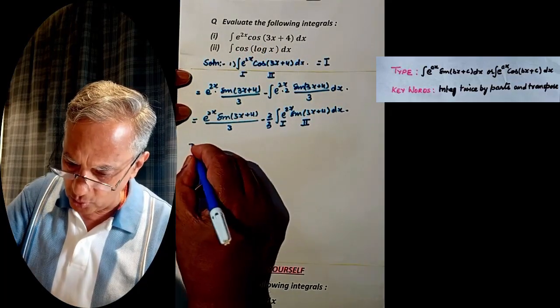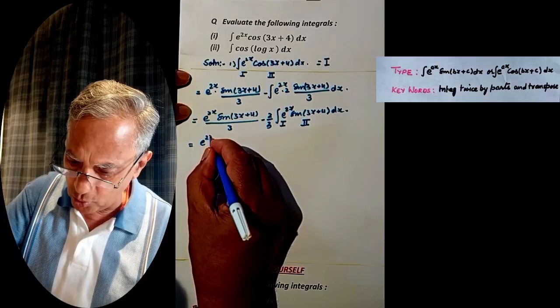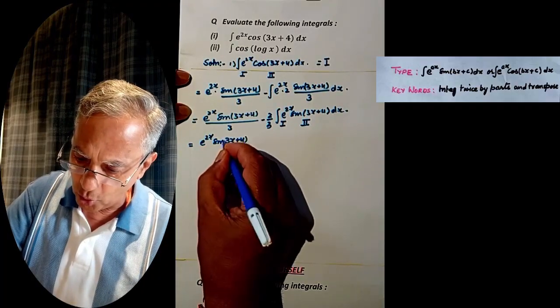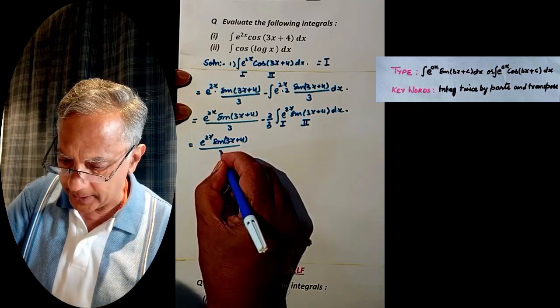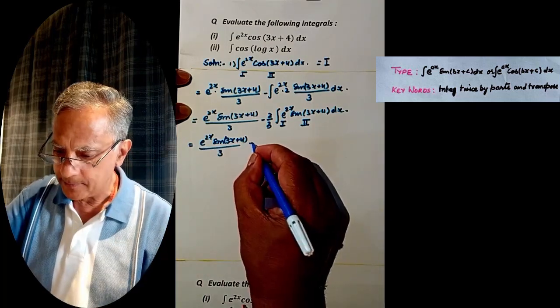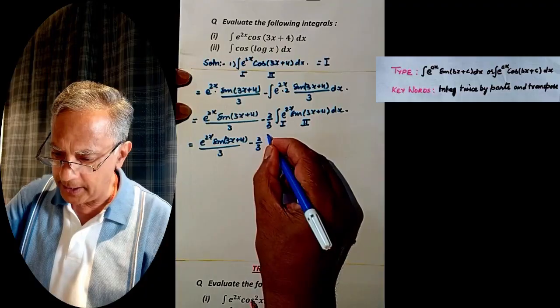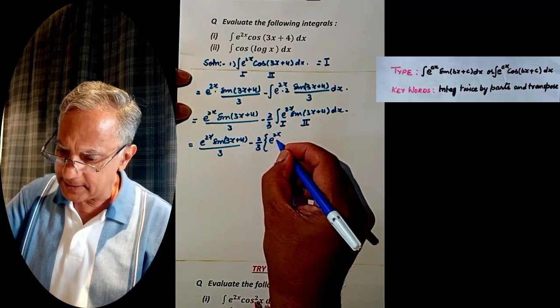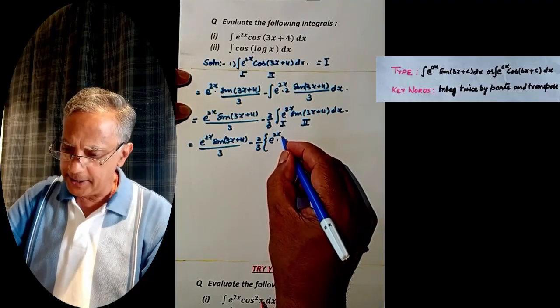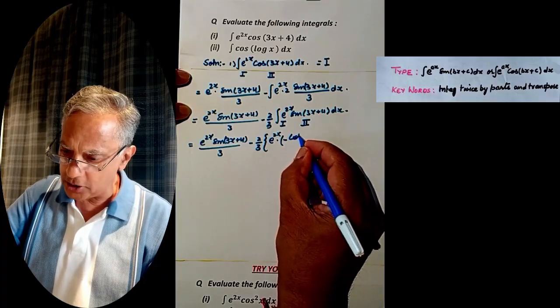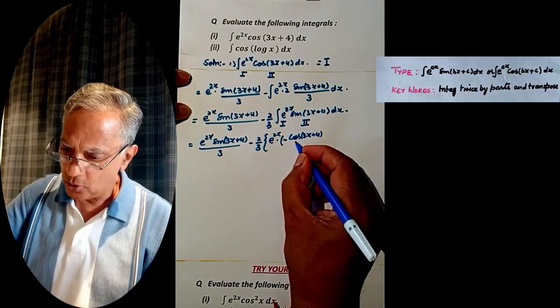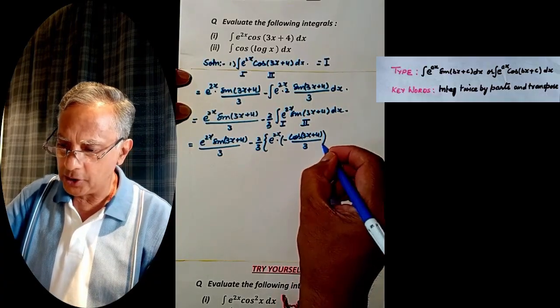So this is equal to e to the power of 2x sin(3x + 4) divided by 3 minus 2 by 3 into the first function e to the power of 2x into the integral of sine. The integration of sine is minus cos(3x + 4) divided by 3.